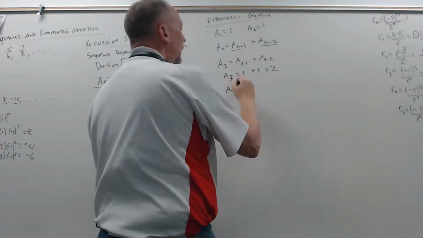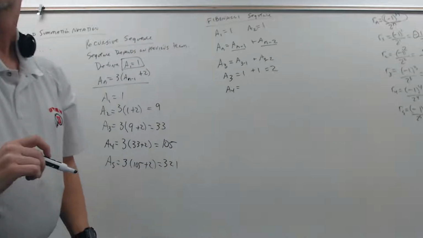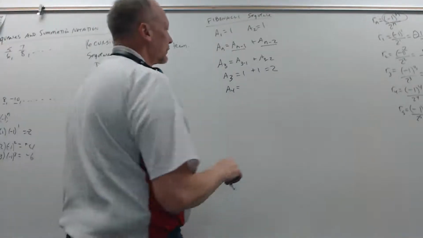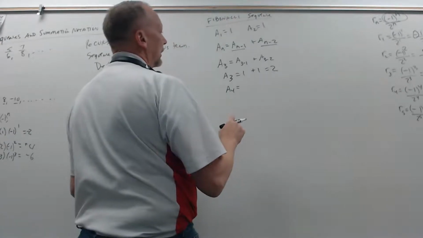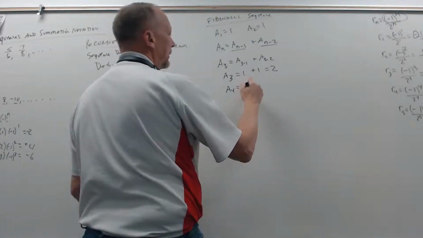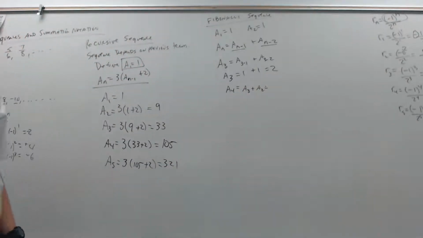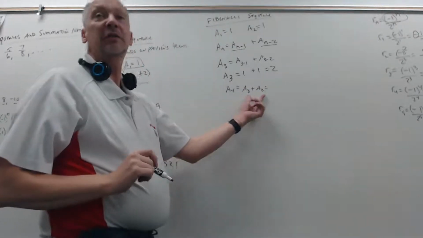A sub 4 equals, whose turn is it now? I feel like I skipped Cameron. A sub 4 is what? It would be a sub 3 plus a sub 2, right? Yes, it's the previous two terms.